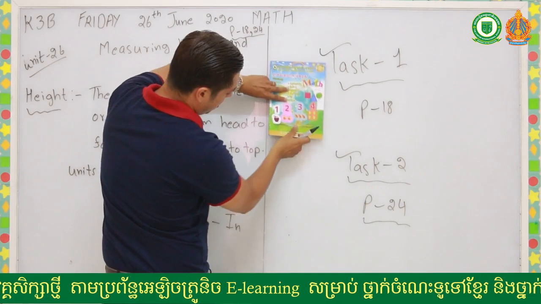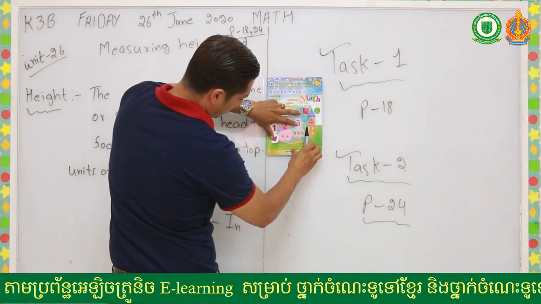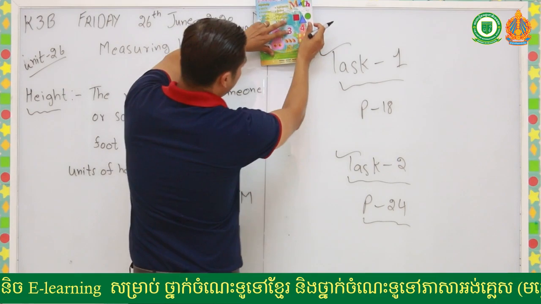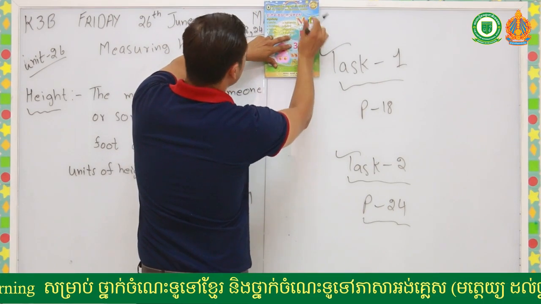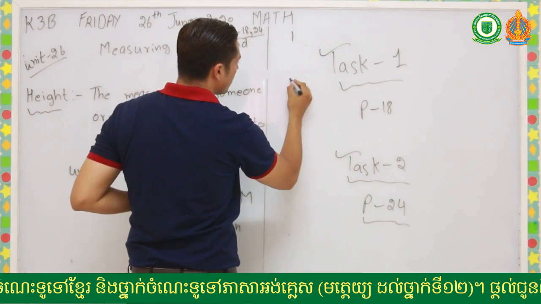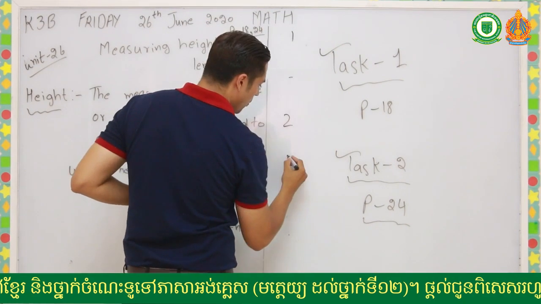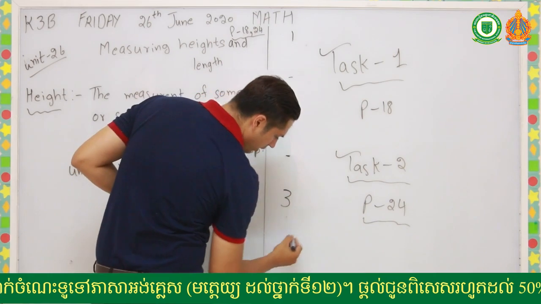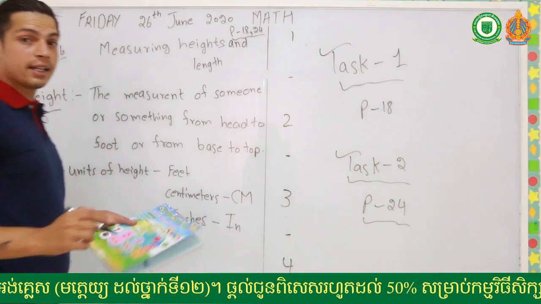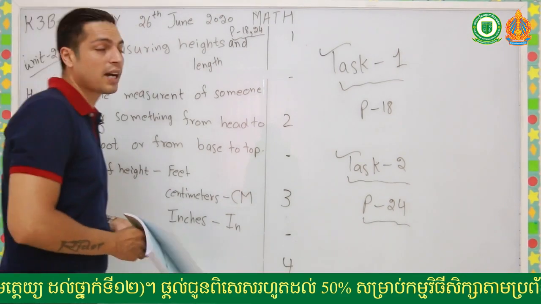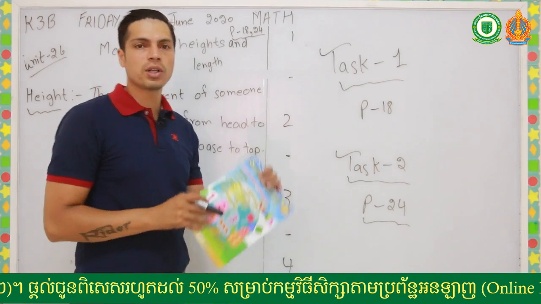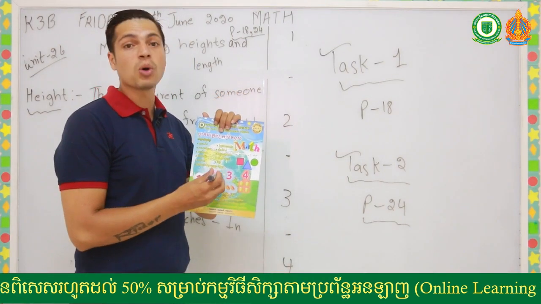So 1, 2, 3 and 4. So how high is this board? What is the height of this board? The height of this board is equal to 4 books.